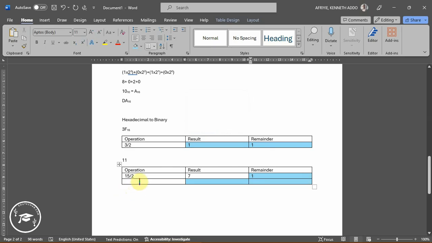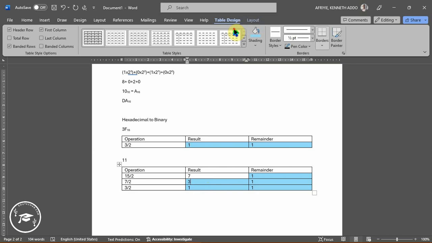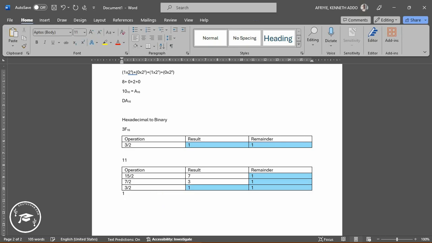Then we take 7, divide by 2, we get 3, remainder 1. Then we take 3, divide by 2, we get 1, remainder 1. Beautiful. This part we don't need. Then here we get 1, 1, 1, 1.